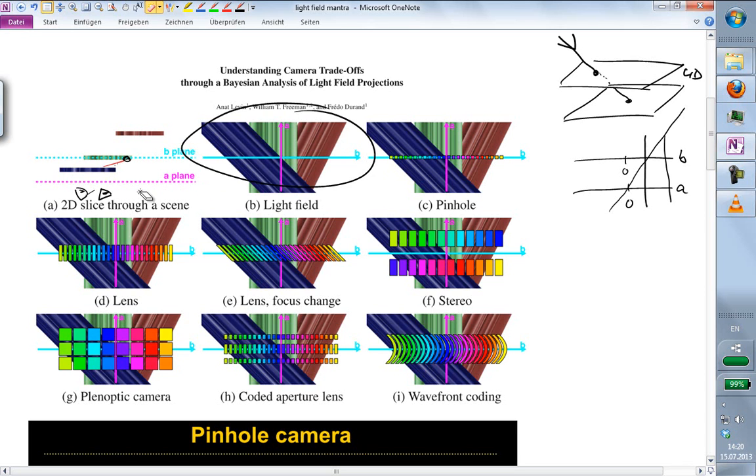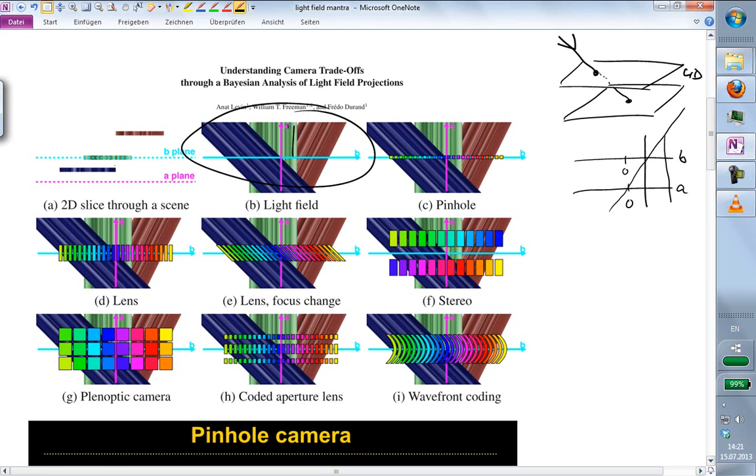Now, if we step back a little, we see that the green object, because we centered the B plane right on it, has a signature that depends on the B values only.